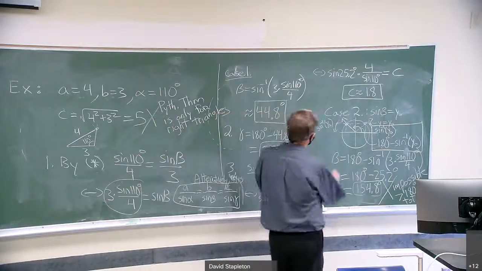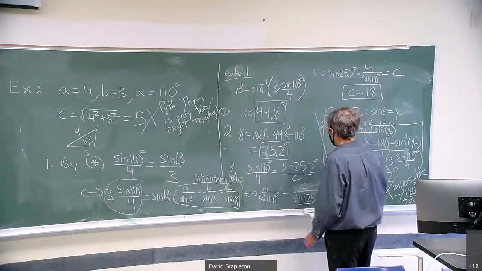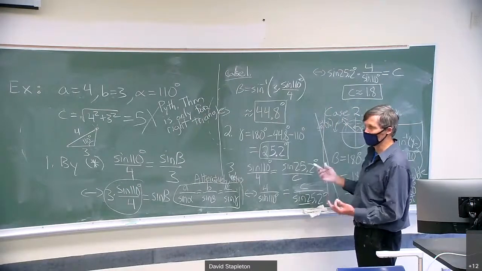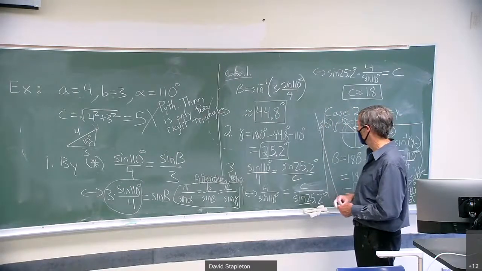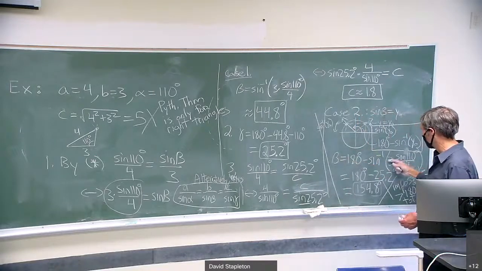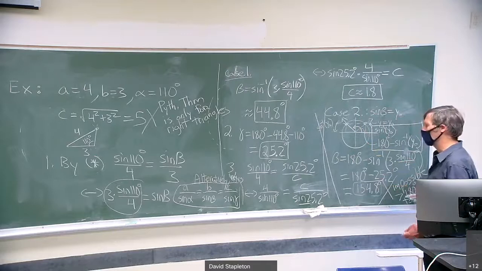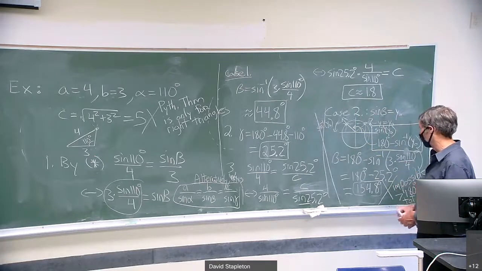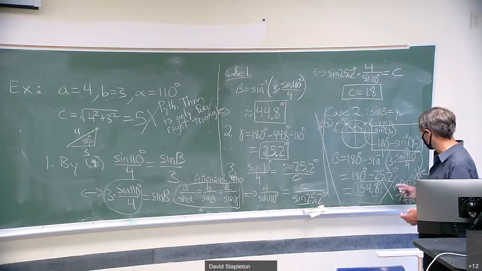Then I wouldn't have to spend my time on that, all right? But if I don't recognize it or I don't draw the picture, I'm not sure. It's really easy to be not sure. Then I write out case 2: beta is 180 minus the arcsine. If I add all the angles and it's too big, I add up to more than 180. So if you don't draw the picture, you'll still find out as you go along. You'll get an impossible triangle with angles bigger than 180.